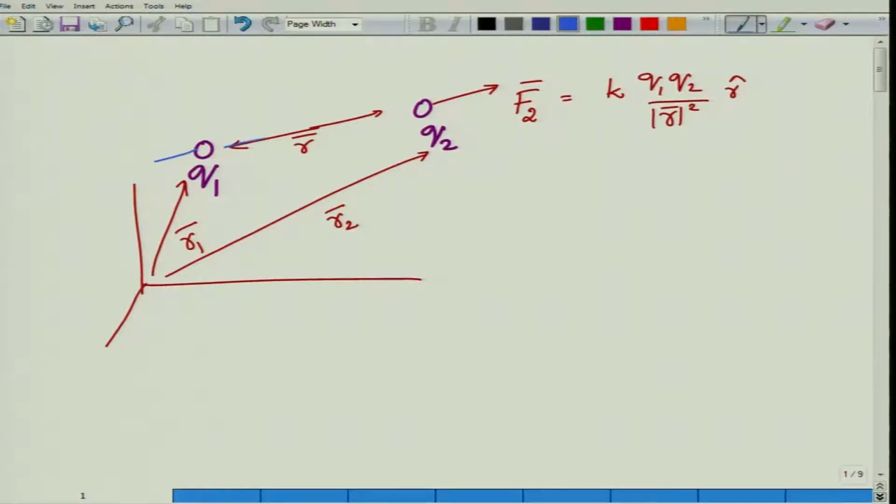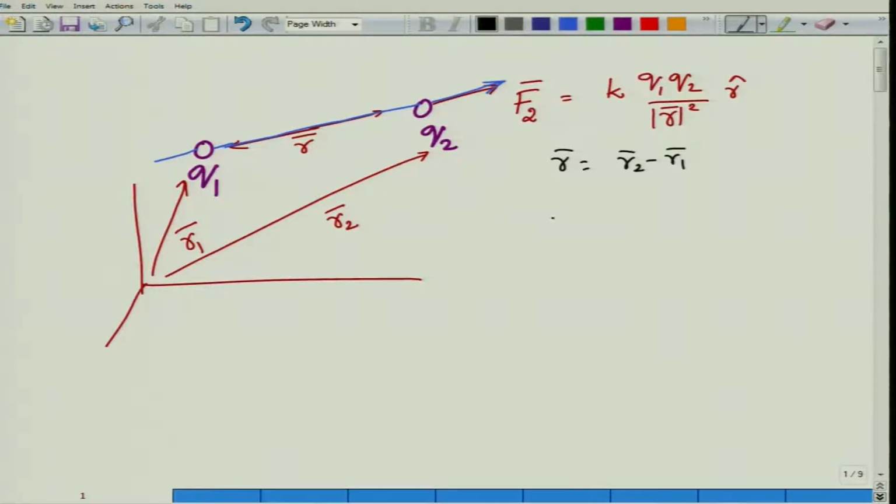Okay, so it would be along this blue line, which is where the force is acting. And if you find out what is the unit vector of this one, of course, what is the vector r? We already know how to obtain the vector r, that is given by r2 minus r1, correct. So r is equal to r2 minus r1.